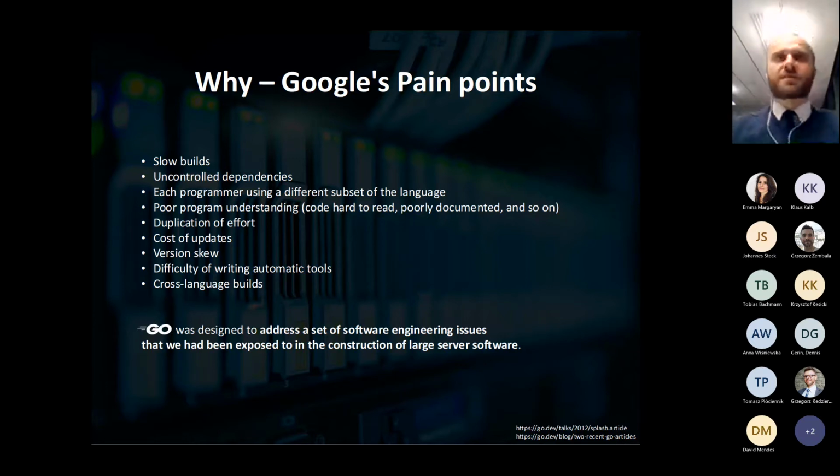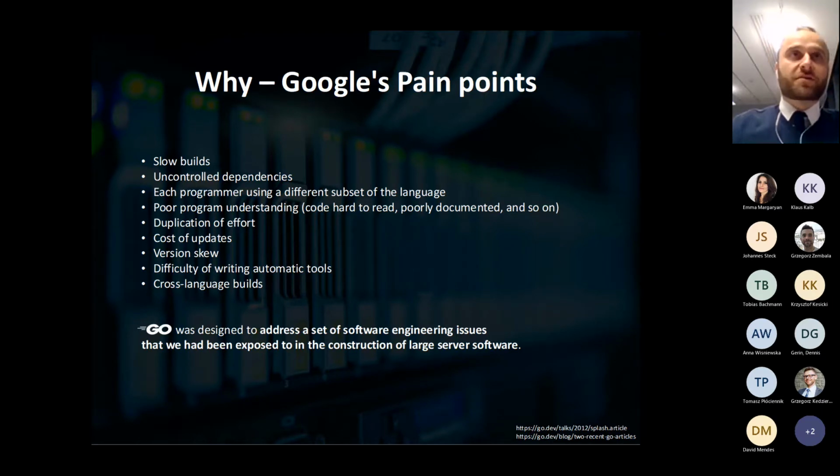Poor programmer understanding is somewhat related to the previous one. Some people use modern or newly introduced parts of the language, some use just the core parts, which makes it difficult for developers to understand and maintain code written by somebody else.